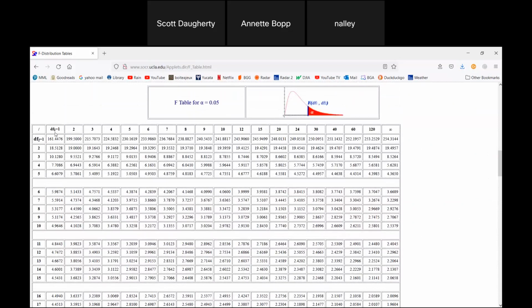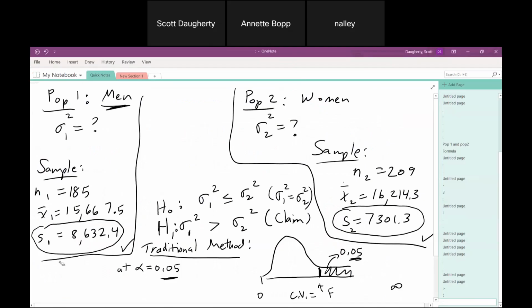Then there's degree of freedom 1 and degree of freedom 2. And that has to do with, I didn't write these down. This is 1, and the degree of freedom for 1 is 1 less than the sample size for this one. So it's going to be 184.